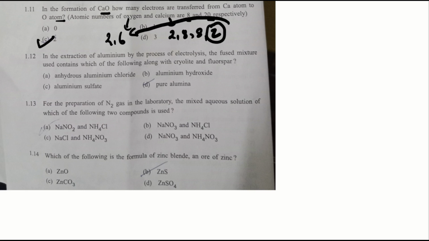In the extraction of aluminium by the process of electrolysis, the fused mixture used contains which of the following along with cryolite and fluorspar? So for extraction of aluminium by electrolysis, we use the ore bauxite, Al2O3 with some molecules of water in it.